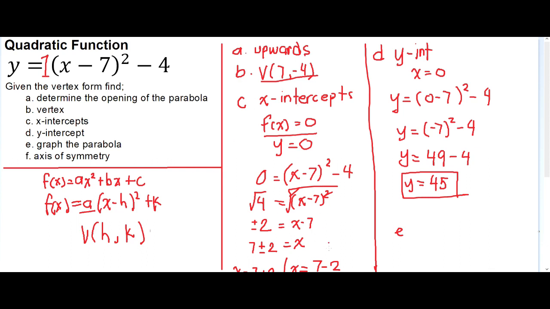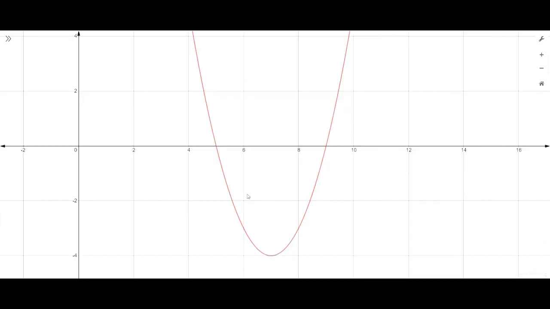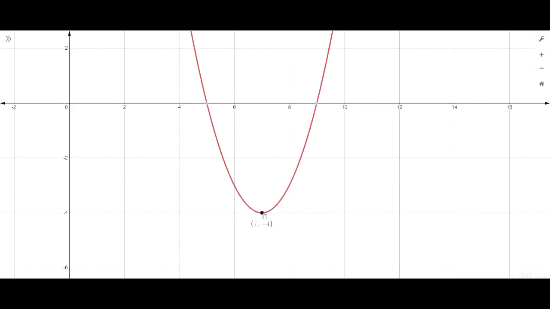So ganito yung magiging itsura ng graph. Wherein ito yung graph. Notice 7 and negative 4. The x-intercepts. We have the 5 tsaka yung 9.